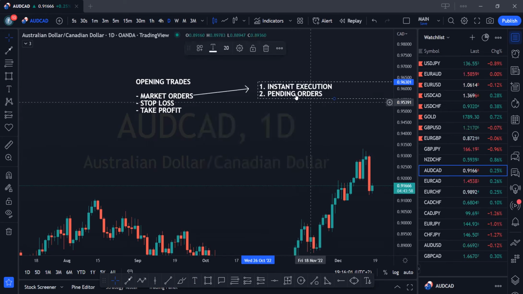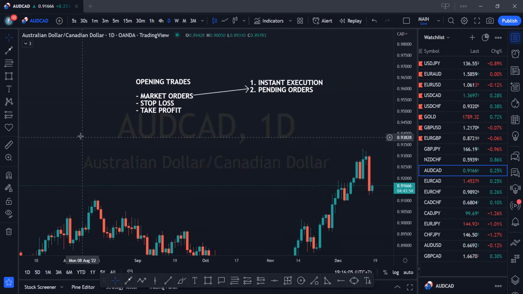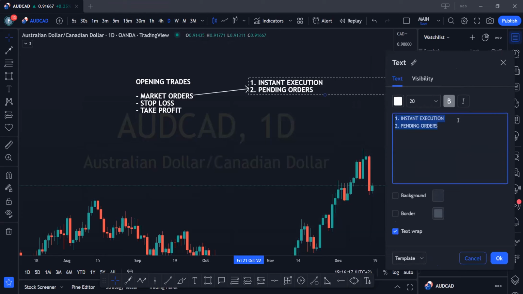When we talk about instant execution, if you want to enter a buy, you want to be entered into the market immediately, instantly, at the current market price. That word is used a lot in the Forex field. So when you're talking about market execution, you want to be entered into the market at the current market price.